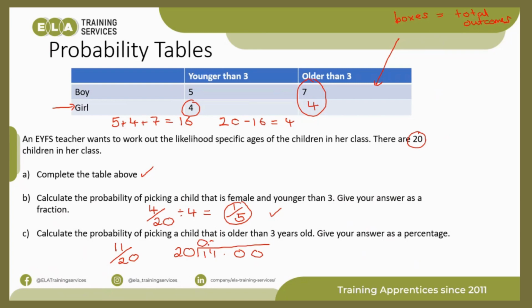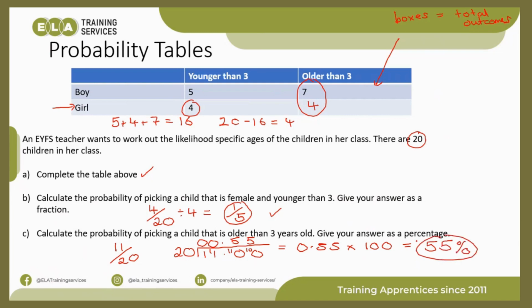Carry the 1, 20 into 11 goes 0. So now it's going to be 110. So how many 20s are in 110? Which would be 5, with 10 left over. 20 into 100 is 5. So it's going to be 0.55 times by 100, which is then 55%. And we've got our answer.